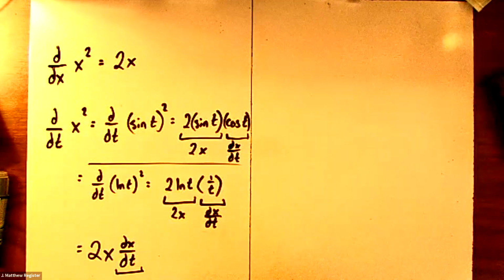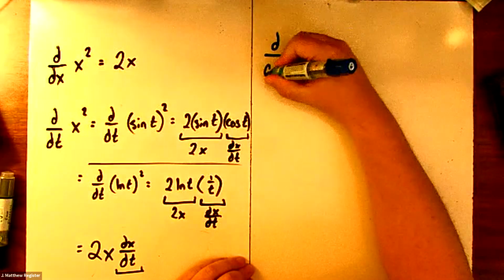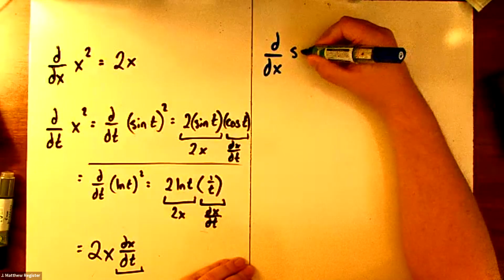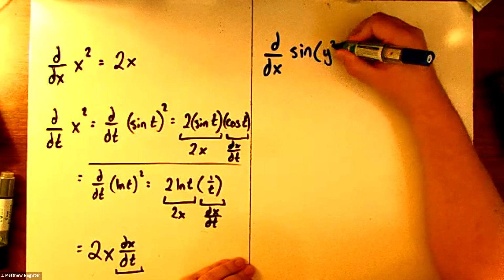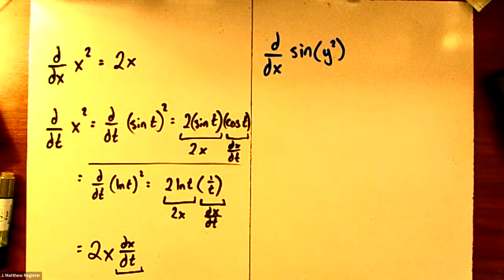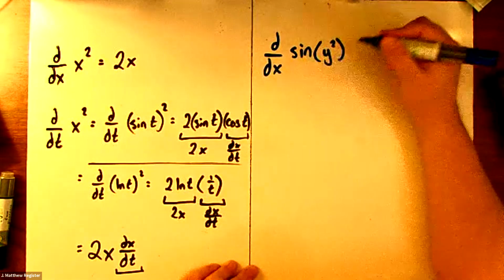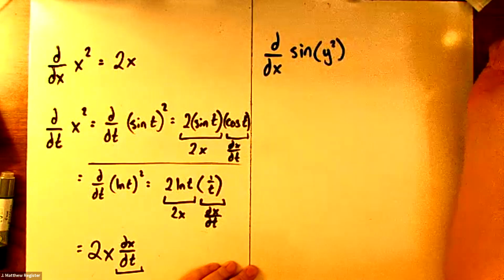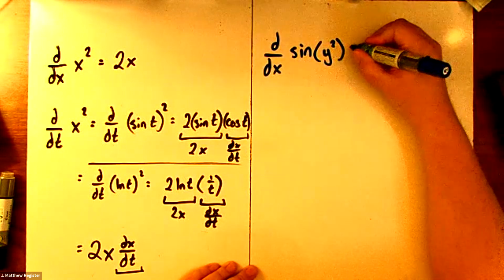Let's say that we have d/dx of sine of y squared. So when we take the derivative of this, we see that we have a sine function, and then we have a y squared on the inside, and then this y is a function of x.